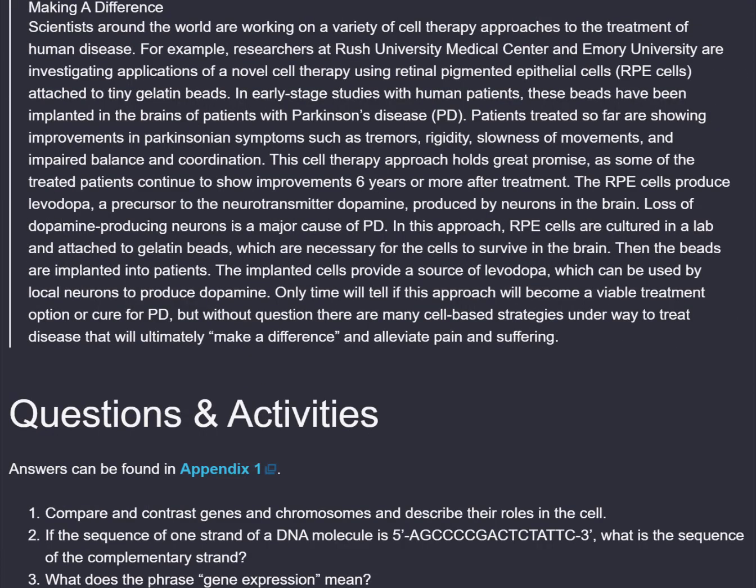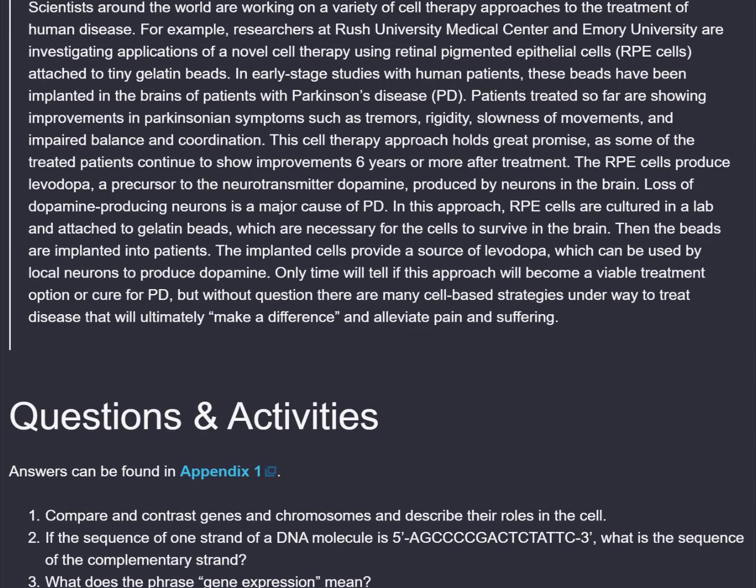Making a difference. Scientists around the world are working on a variety of cell therapy approaches to the treatment of human disease. For example, researchers at Rush University Medical Center and Emory University are investigating applications of a novel cell therapy using retinal pigmented epithelial cells, RPE cells, attached to tiny gelatin beads.